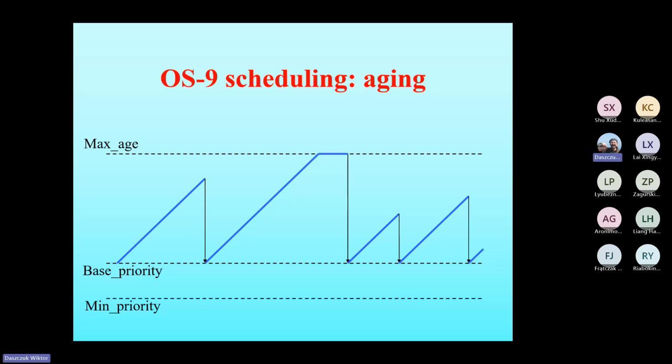It does not rise forever, because if it reaches max age, it stops rising. Here, it's shown here. It gets the processor, so the priority is suppressed again to the base priority, and so on and so on and so on. This rule of scheduling is called aging. It is called aging because the older the process is and does not get a processor, the higher its priority.